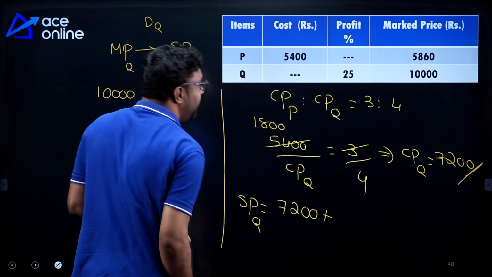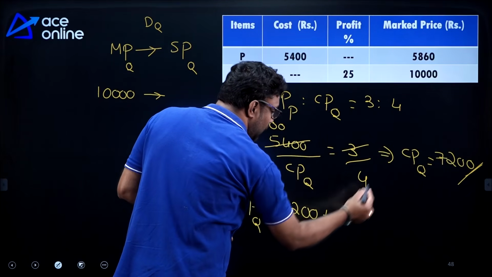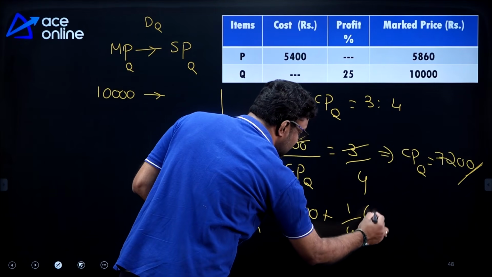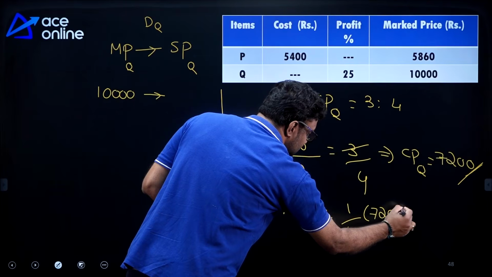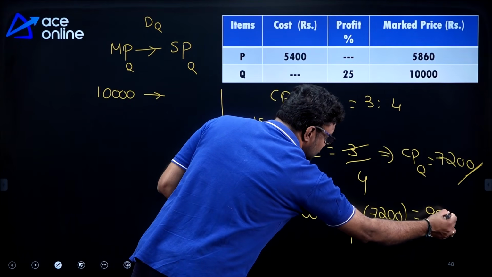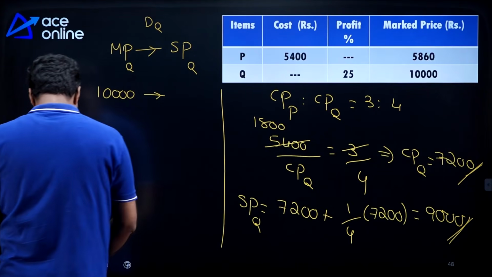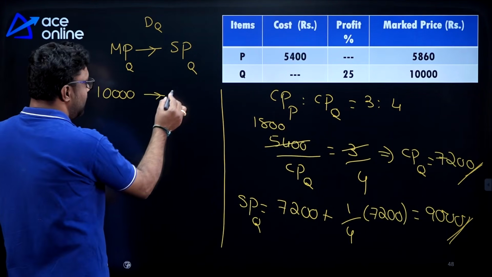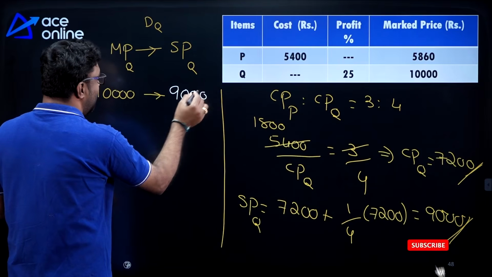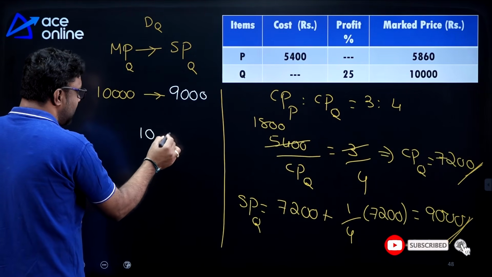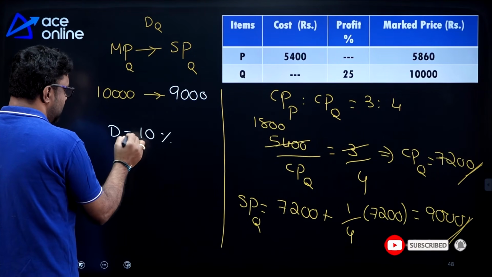Profit is how much? 25% means 1/4. 1/4 of 7,200 is 1,800. So together 9,000 is the selling price. So 10,000 becoming 9,000 means 1,000 rupees discount. It's nothing but 10%. Clearly we can get it.